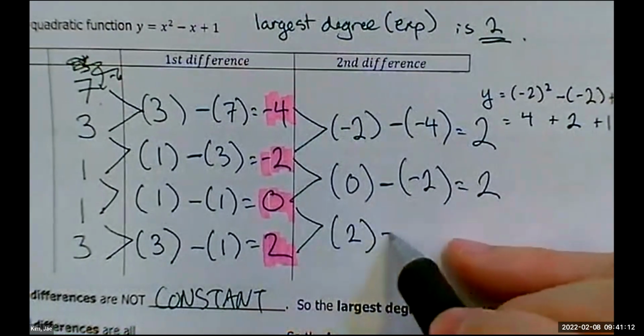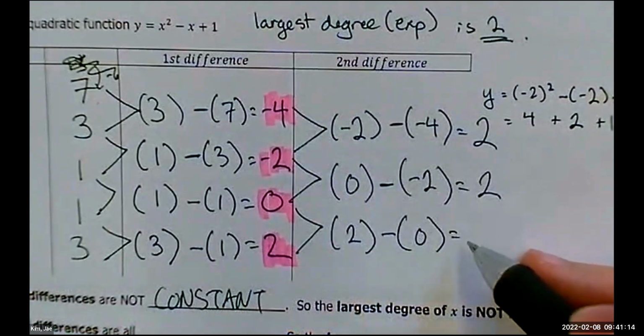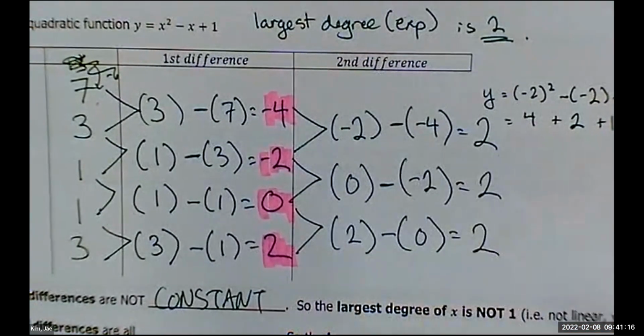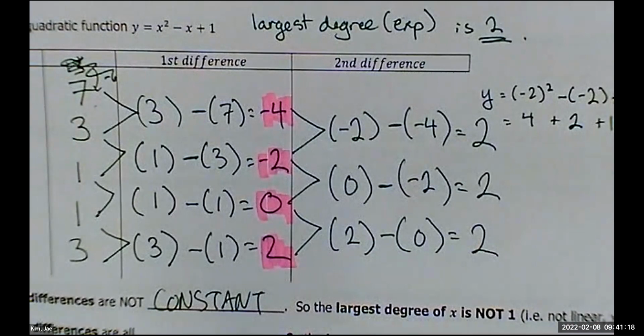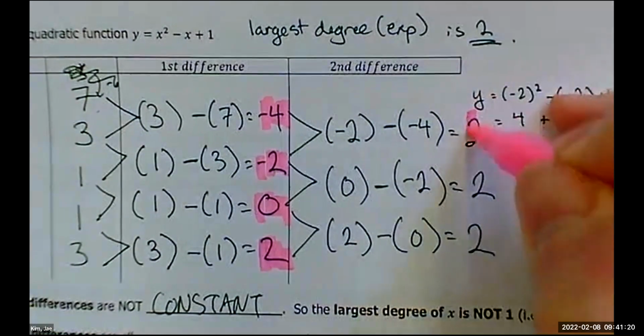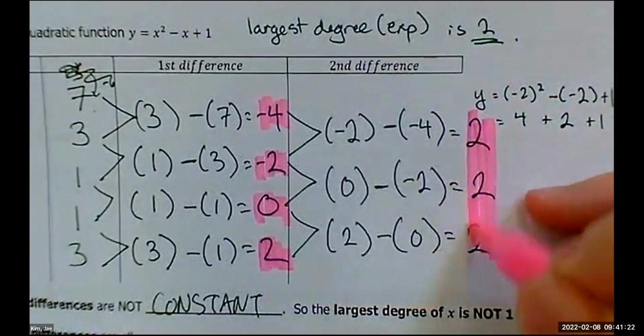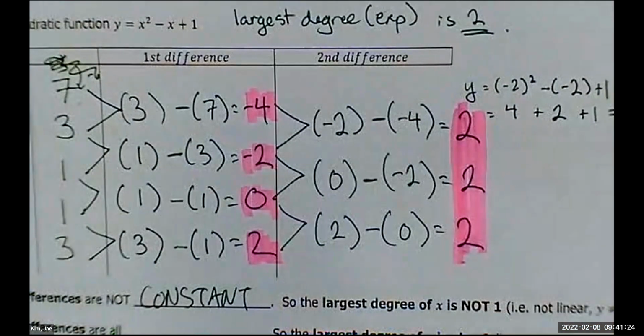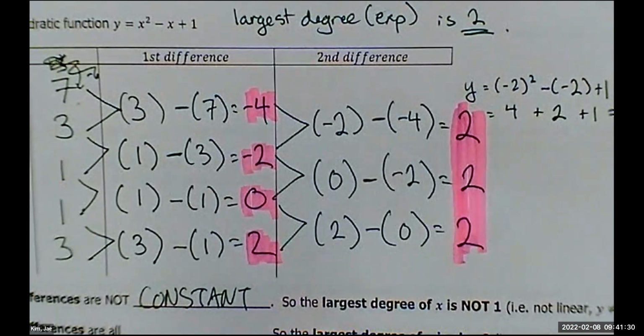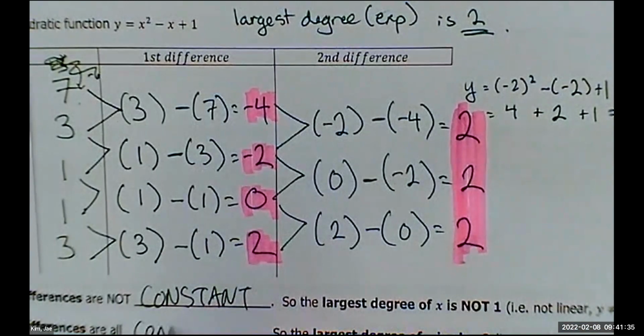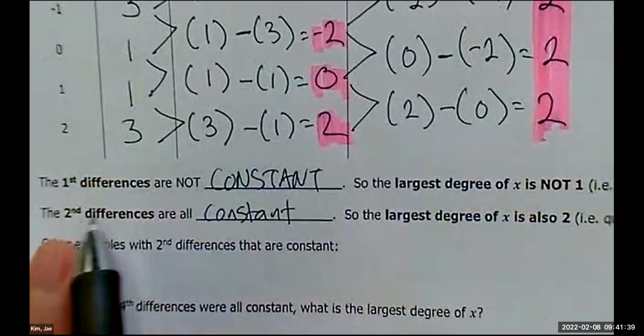And 2 minus 0, that's a 2. Are they the same? Yeah. So it's not just a coincidence, I think. We've done it twice. We could do it a million times with a whole bunch of other examples, but we will find that the second differences in here are all constant. So second difference is constant.